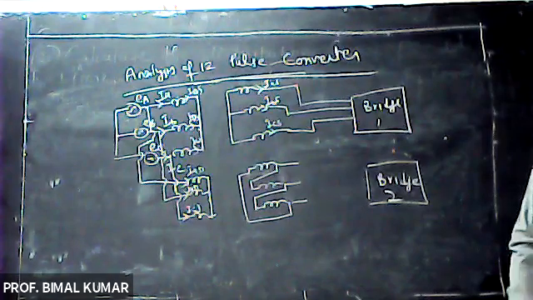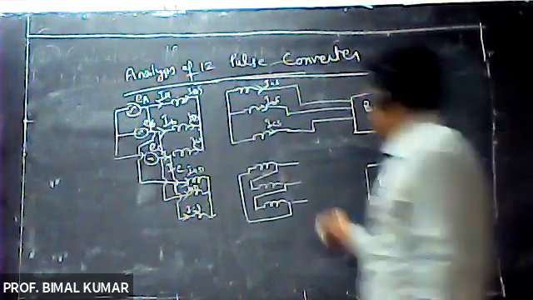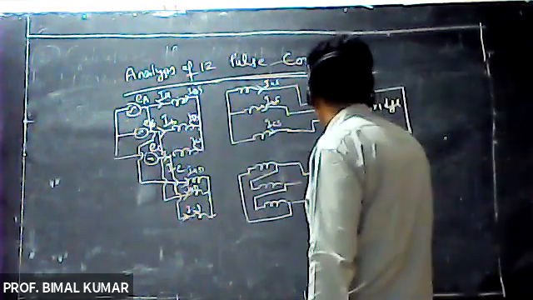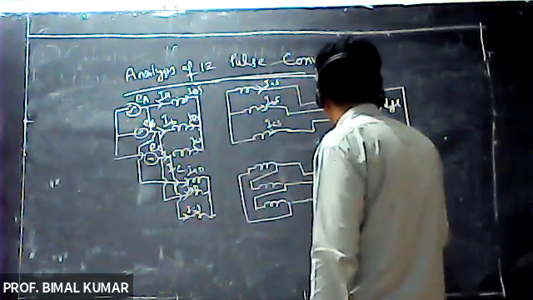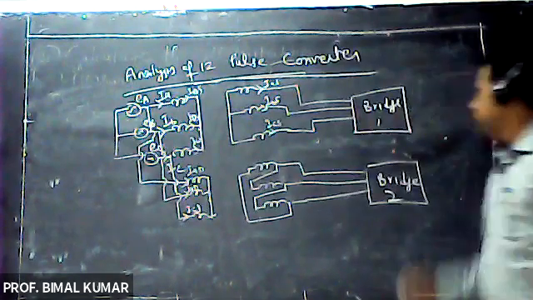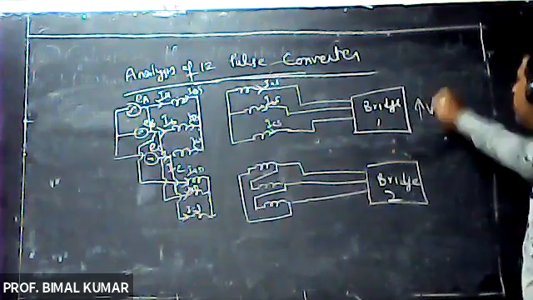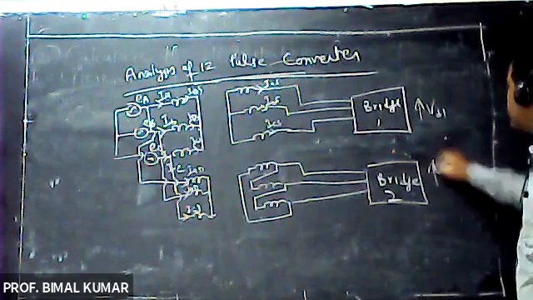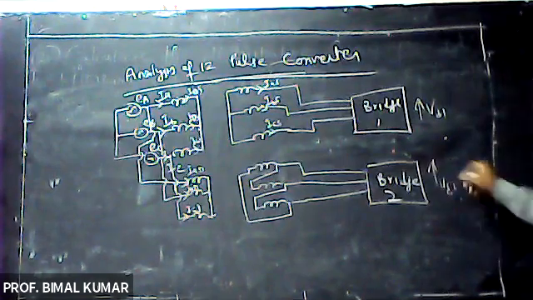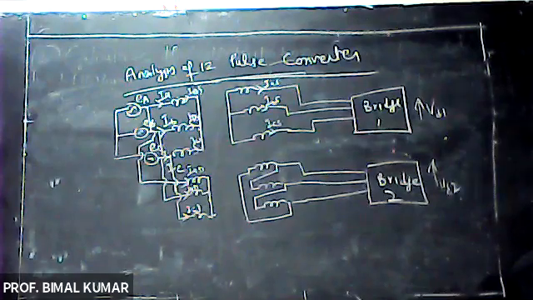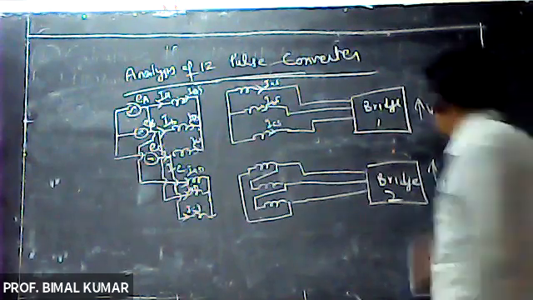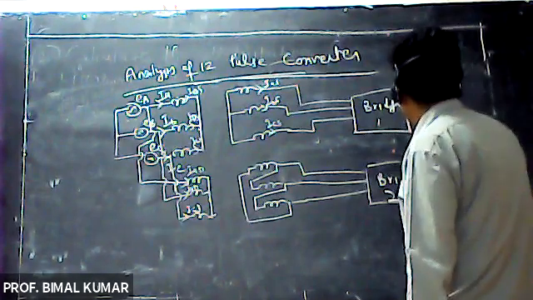delta type connection, right? And now the output of this winding is connected with bridge 2. Here you are getting VD1 and here you are getting VD2, and these two are connected in series with each other.